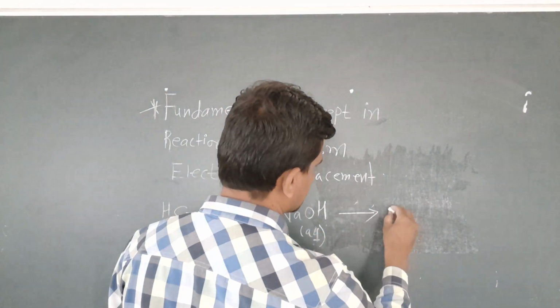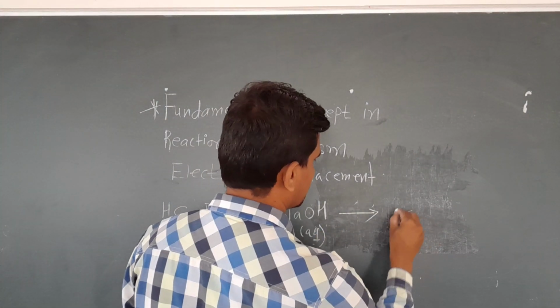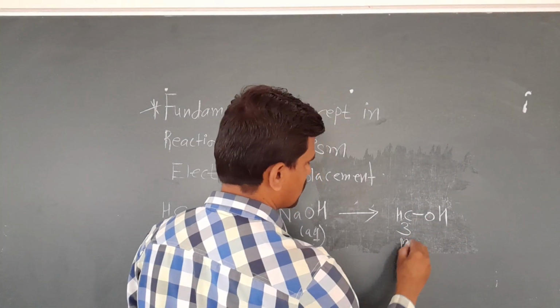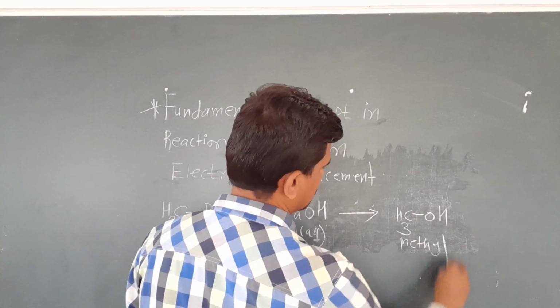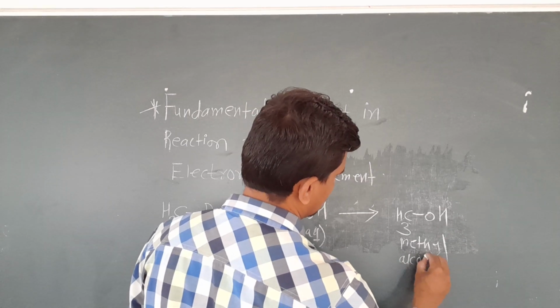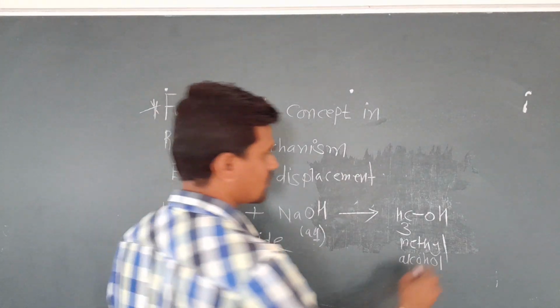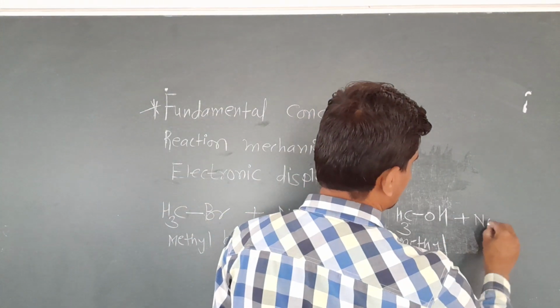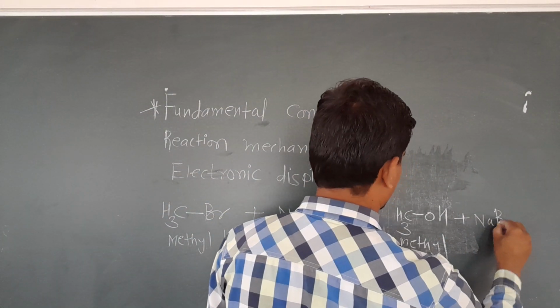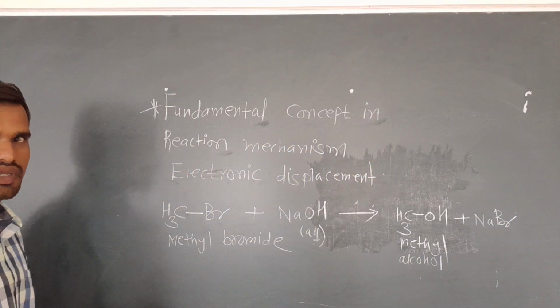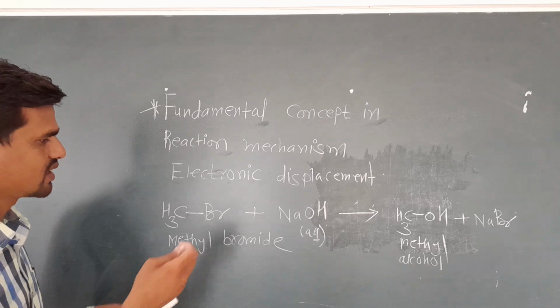So there is formation of methyl alcohol and NaBr. Now we have to see how the electronic displacement takes place in this reaction.